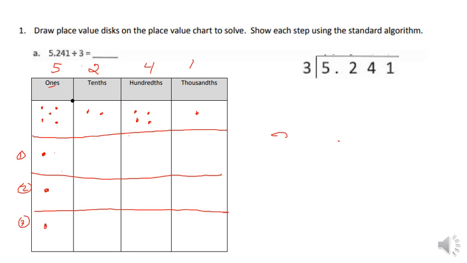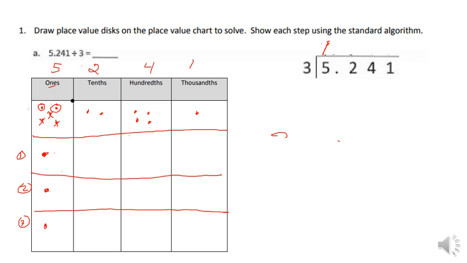Now in the standard algorithm, the question is 3 will go into 5 one time. And as you can see, there is 1 in each group, and that matches. Now we're going to subtract, because we have to get rid of what we used. There's 1, 2, 3 of them, and we ended up with 2 left over.